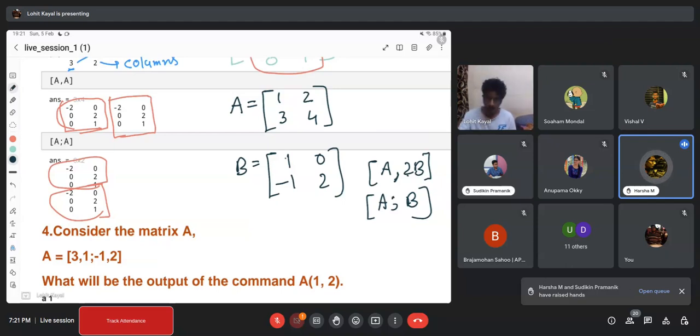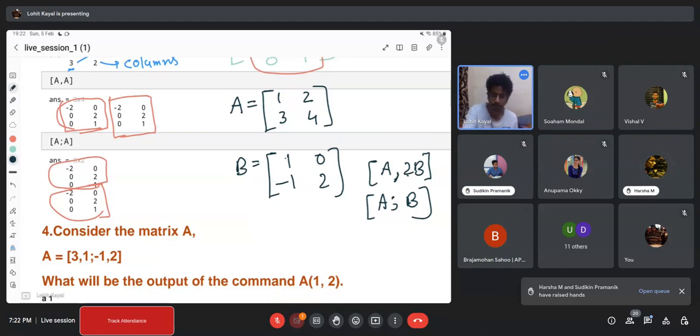So write to NPTEL. I don't actually have contact with them, but okay, you write it. I will send them a mail that you don't have access to it. I actually sent a mail in that discussion forum also. Okay, sure, I will mail them.